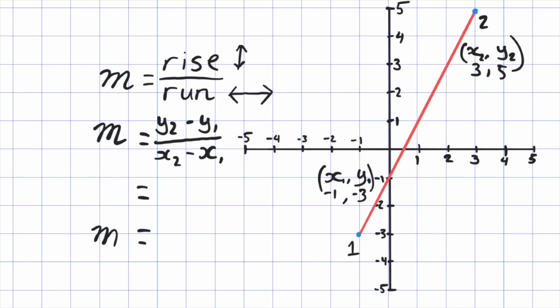So our next line, if we take our y2 value, well, we can see over here our y2 value, that's 5. Take our y1 value, which over here is negative 3, over our x2 value being over here, which is 3, take our x1 value, which is here, which is negative 1.